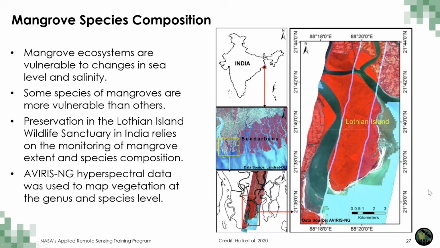Here's a study by Hari et al., a recent study from 2020, that used AVIRIS-NG data, airborne data, in the hopes of creating a species-level vegetation classification in the Lothian Island on the east coast of India.